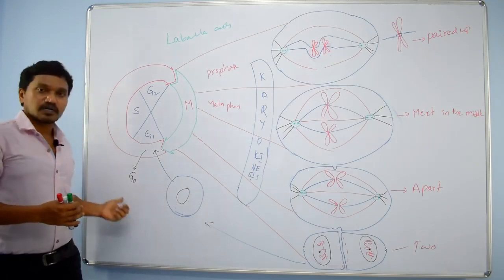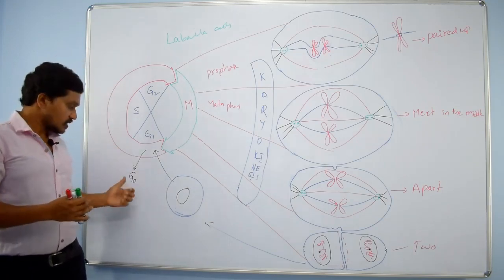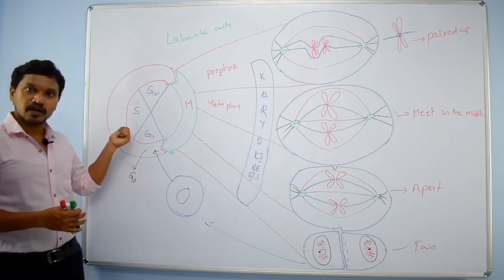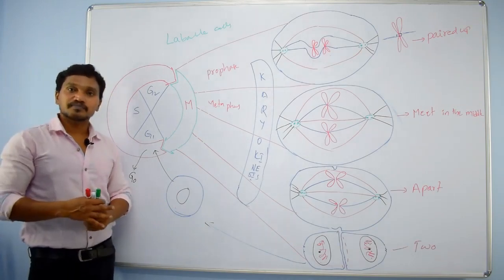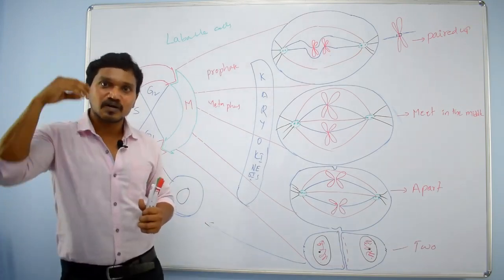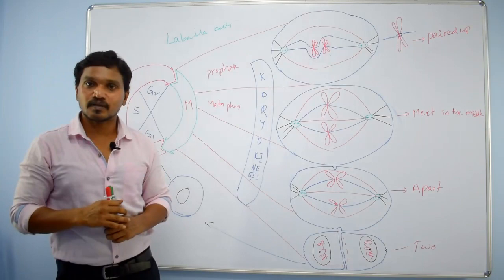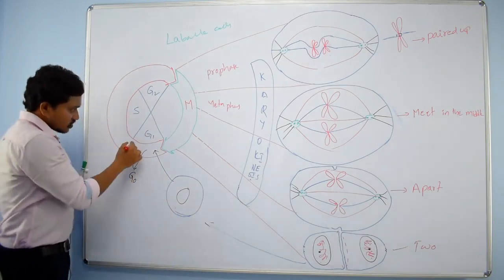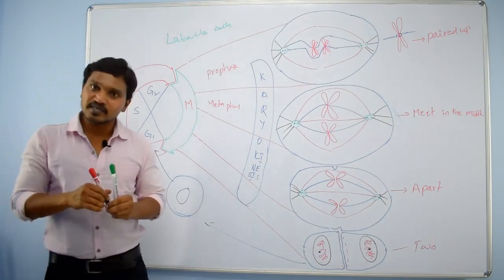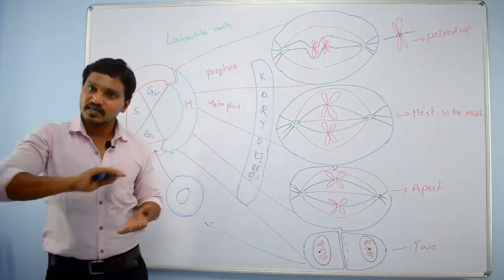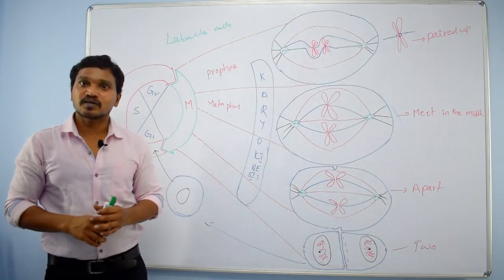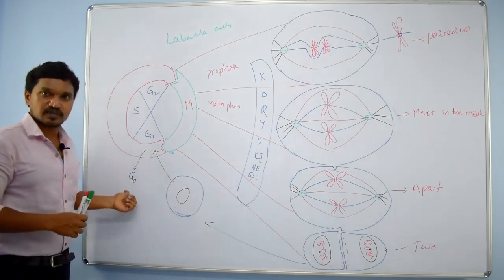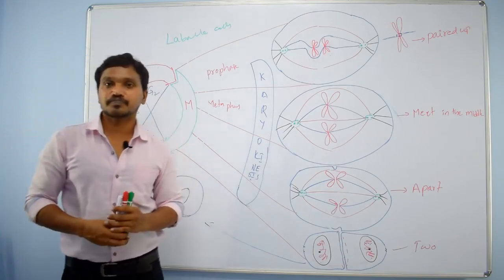In normal circumstances, this cell will not enter into cell cycle, right. But if it gets commands from a higher center, at that time this cell enters into cell cycle and divides. Once those commands are over, again this cell enters into quiescence.